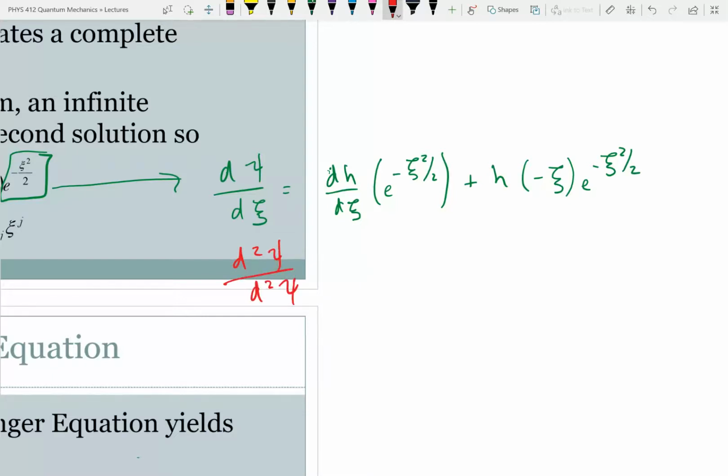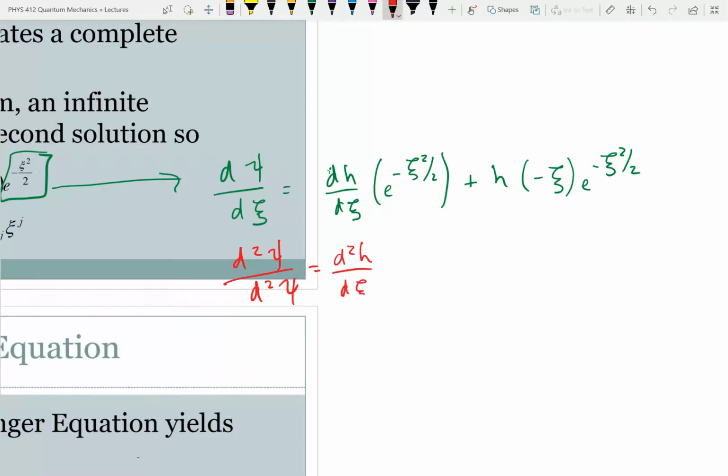So since I've been picking on Indy, on Christmas time, Indy, what's the second derivative going to be? Okay, so the second derivative is going to be, so you need to do more product rule. Yeah, that's right. We can do product rule twice now. Okay, so the first term will be the second derivative of h.